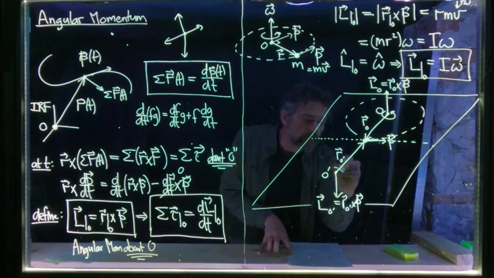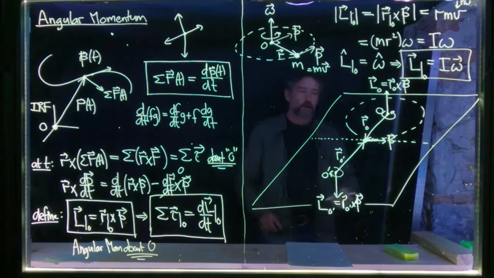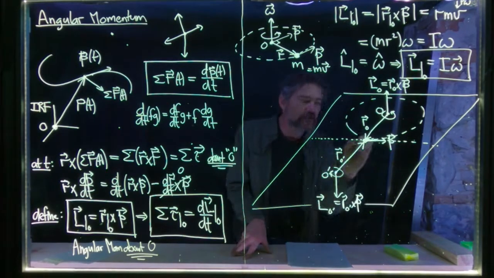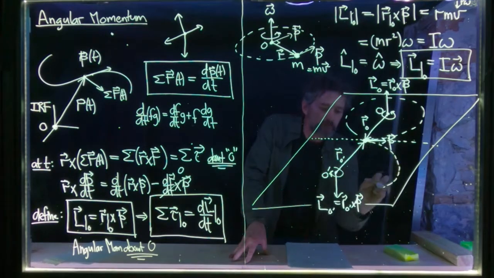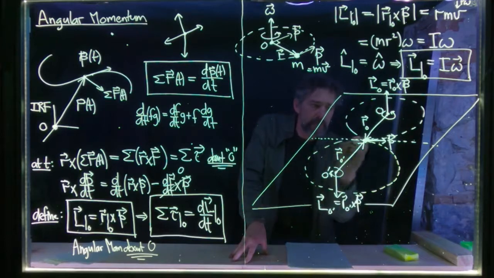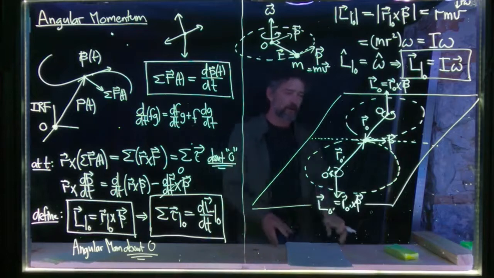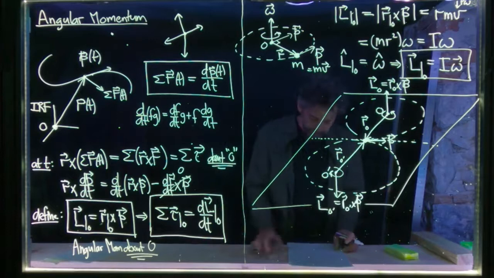Because again, whether you're talking about an object moving with linear momentum like this at this instant of time, or one attached to that point with a massless rigid rod and moving around a circle this way, looking down clockwise, it's the same answer. Great.